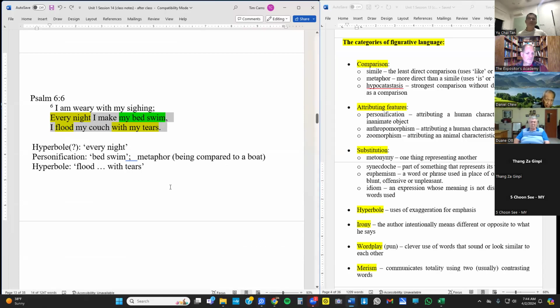That's the other side of it: a wrong understanding or lack of recognition of the figurative language can take away from how the author intends his words to impact the reader. So that's important to keep in mind.